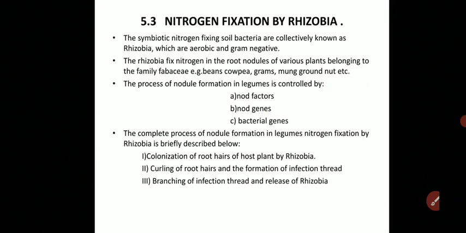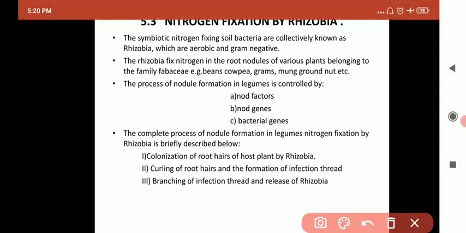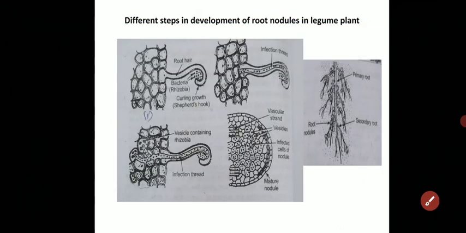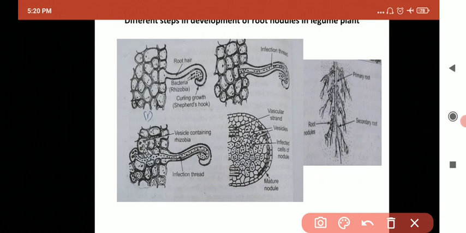The first step is colonization of root hairs of the host plant by rhizobia. This is the first step, and the diagrammatic representation of this is here. That is colonization of root hair of host plant by rhizobia.